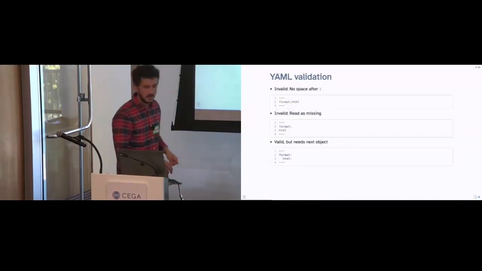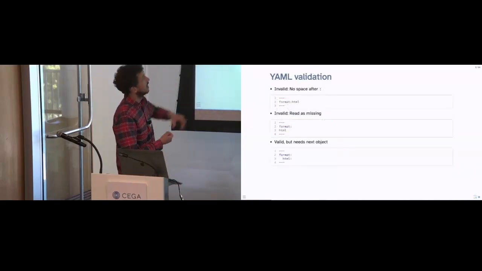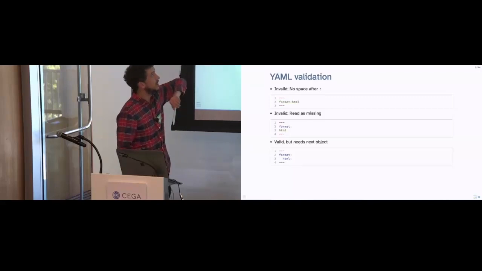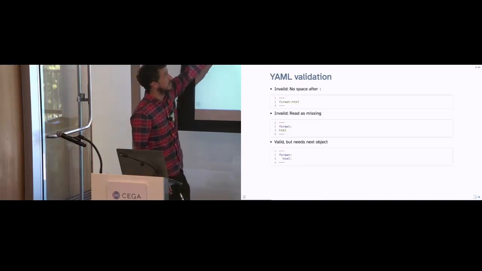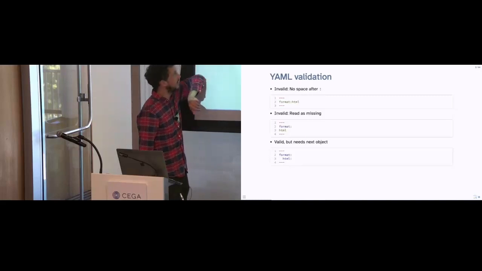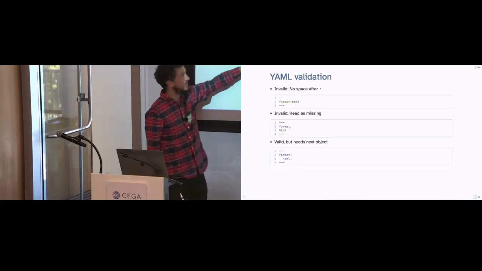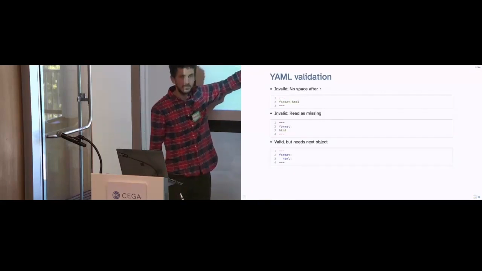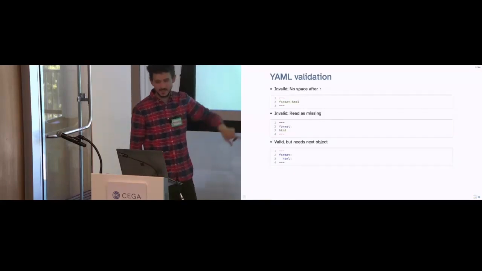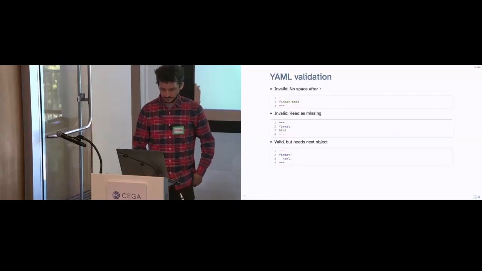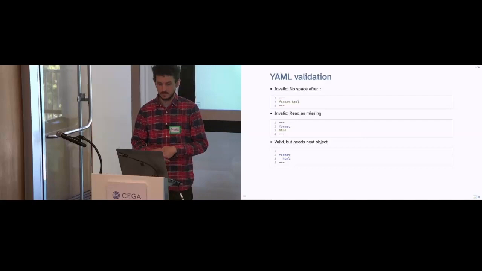So if you don't include a space after the colon, it's not going to be happy. If you don't indent, it's not going to be happy. And if you don't tell it what the value is, it's not going to be happy. Spaces, yeah.